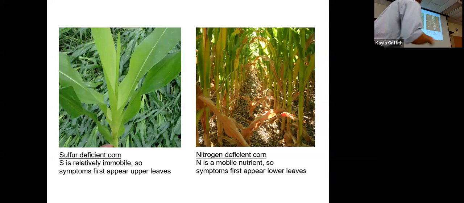So, like I said, this yellowing or pale greening starts from the top of the plant. It looks similar to nitrogen deficiency, except that nitrogen deficiency starts from the bottom and goes up. So it's a different physical distribution, but a similar look.